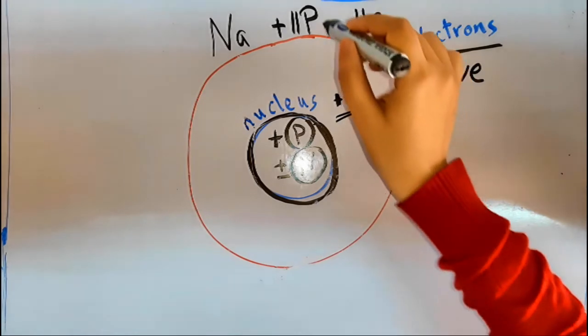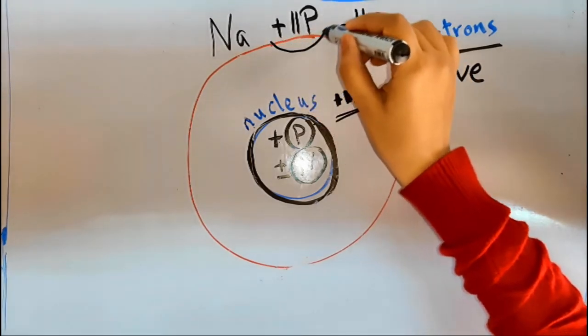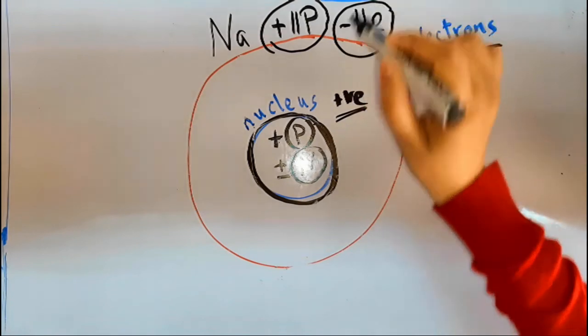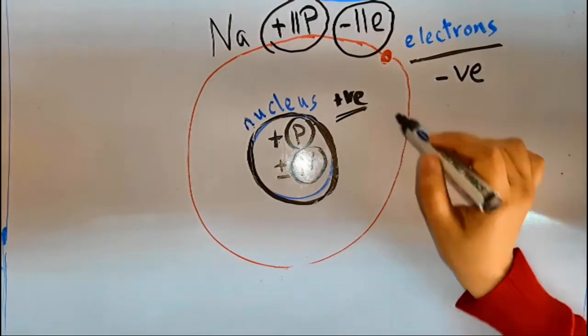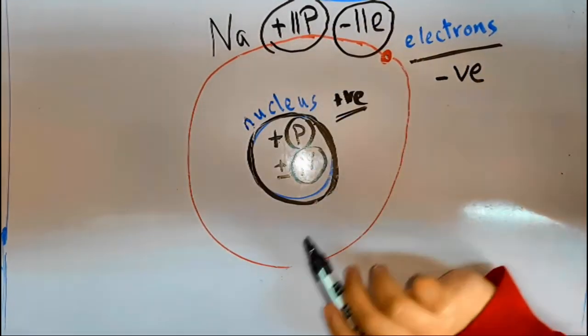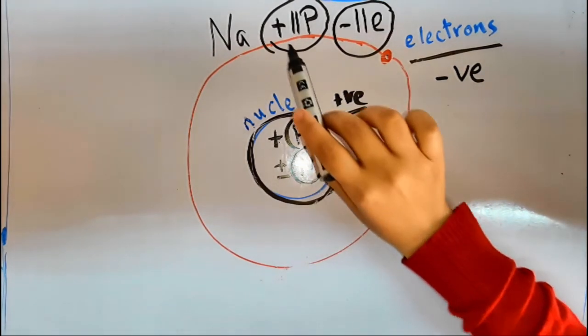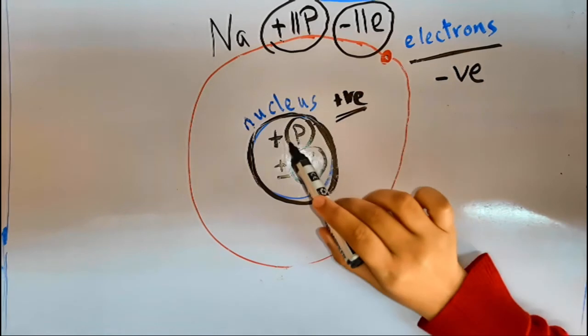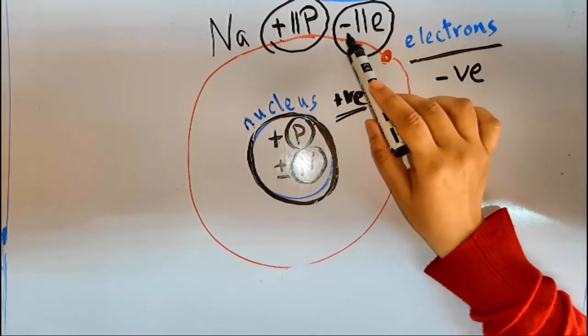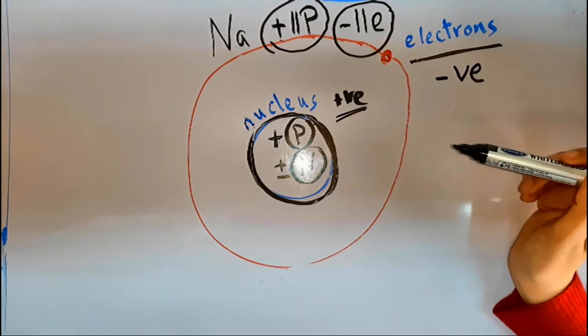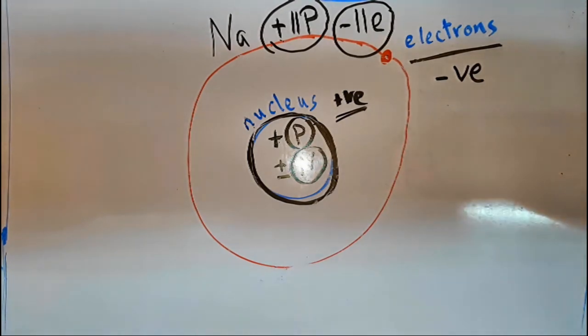So if we compare the positive 11 protons to negative 11 electrons, the whole atom is neutral because the number of positive protons inside the nucleus equals the number of negative electrons which revolve around the nucleus. This makes the atom neutral.